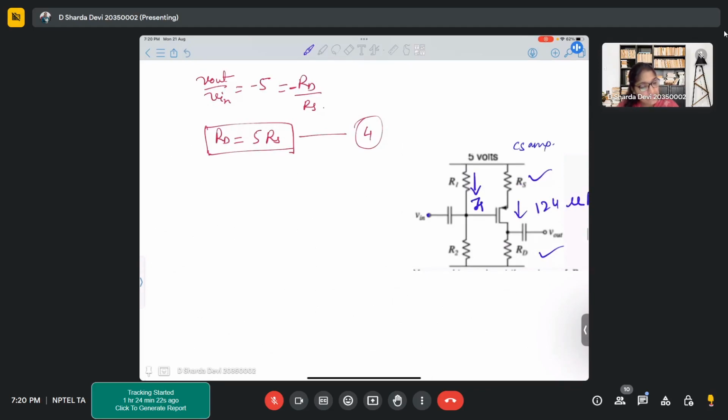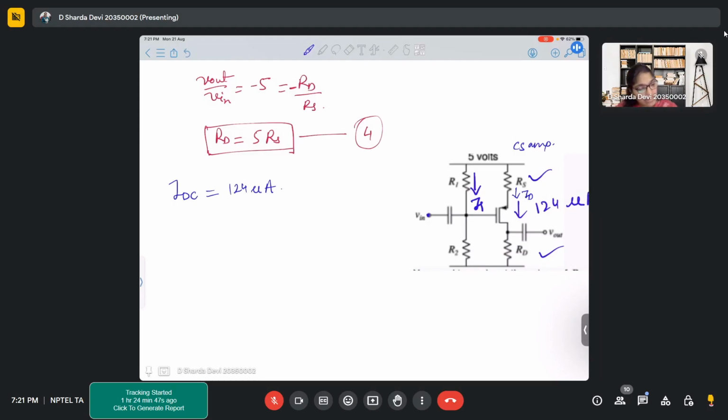Here, when we apply some input signal, it will definitely change our Id, right? That is what we were talking about. Currently, the Id that is mentioned is IDC, which is 124 microamperes. Now, earlier we were talking about how things will change when we have an AC signal, right?